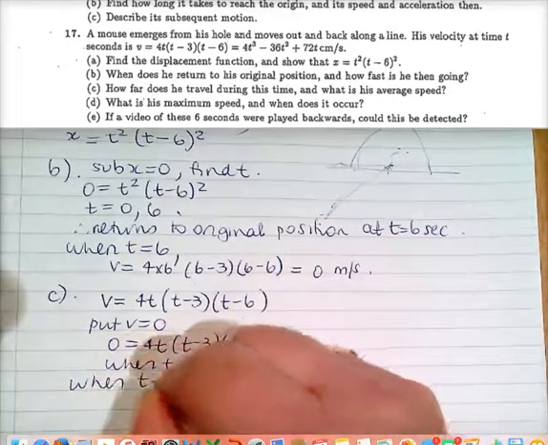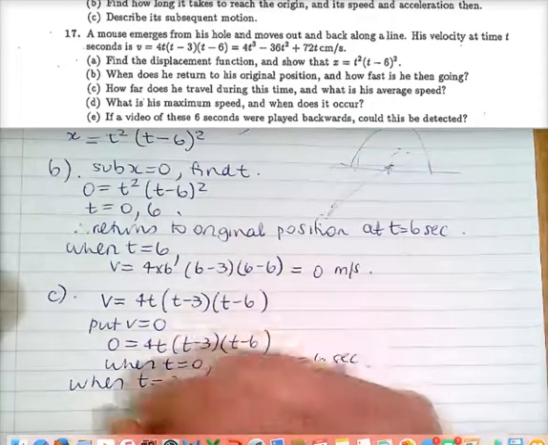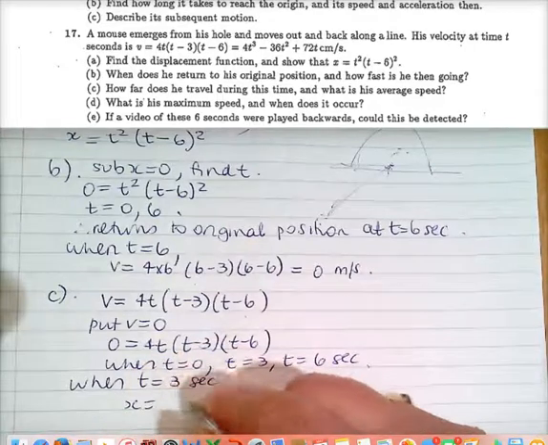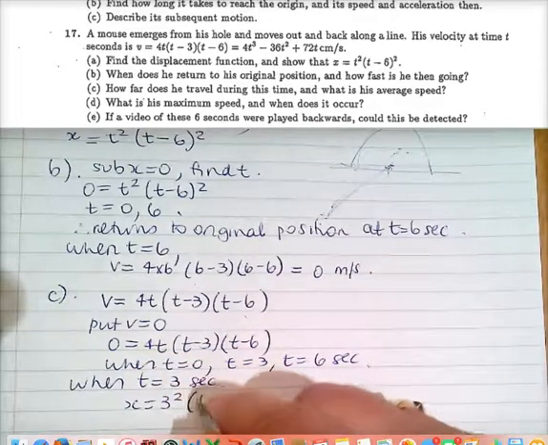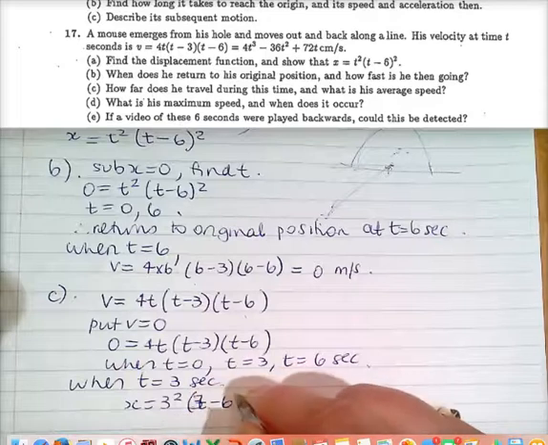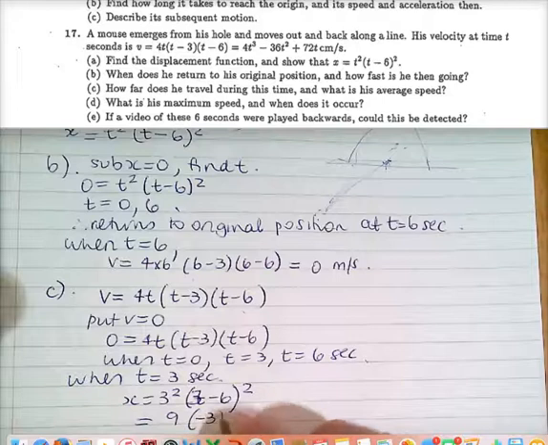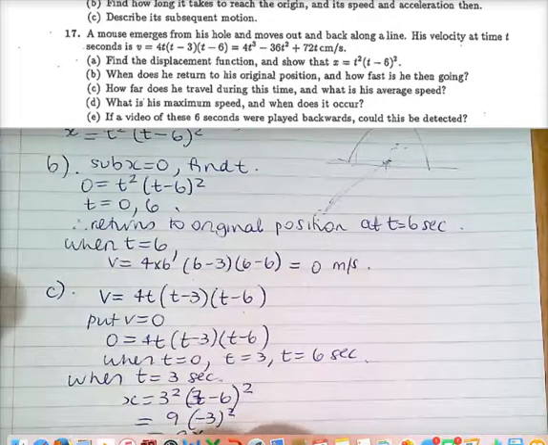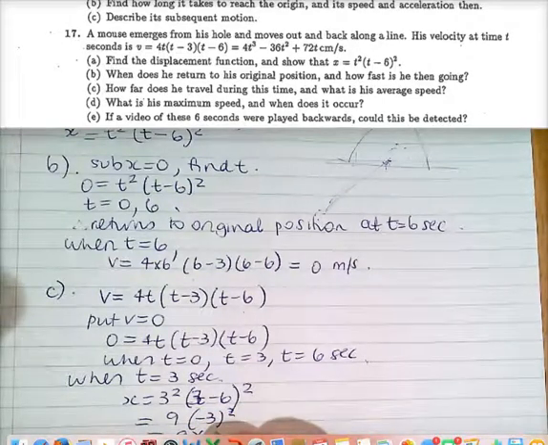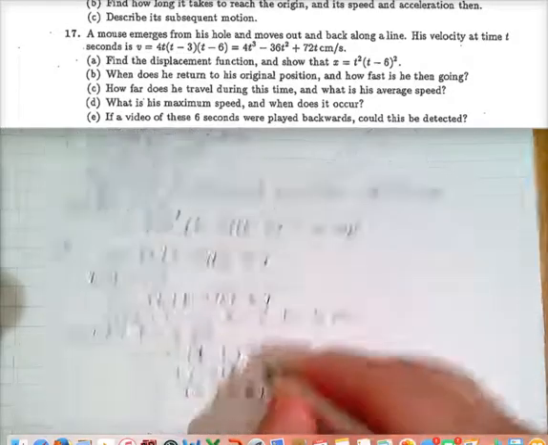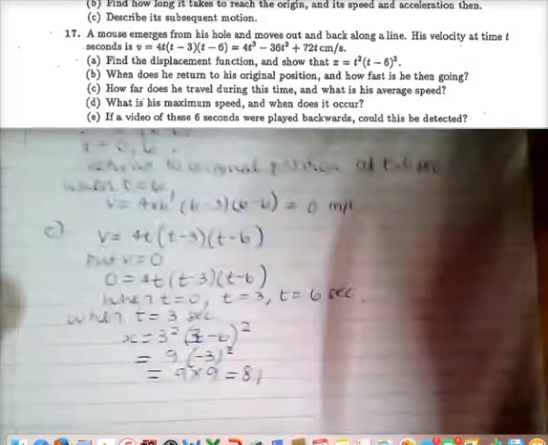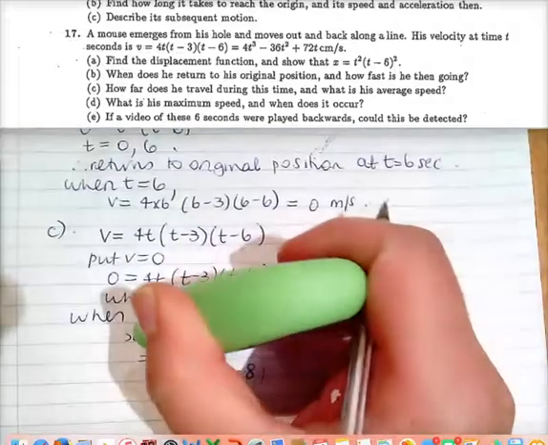So when t equals 3 seconds, x is, looking at the formula for x, 3 squared bracket 3 minus 6 all squared. So we get 9 times -3 squared. So it's 9 times 9, which is 81.